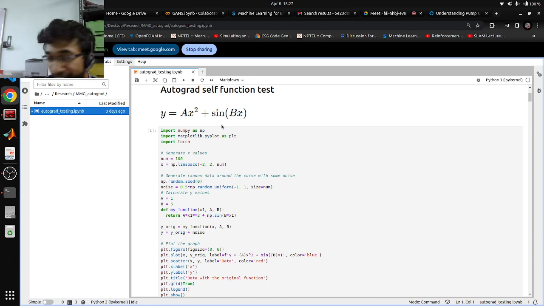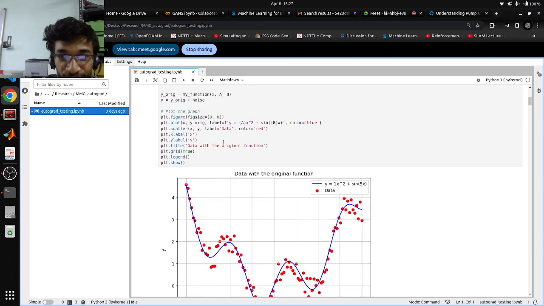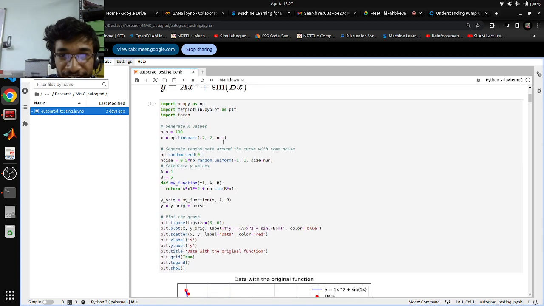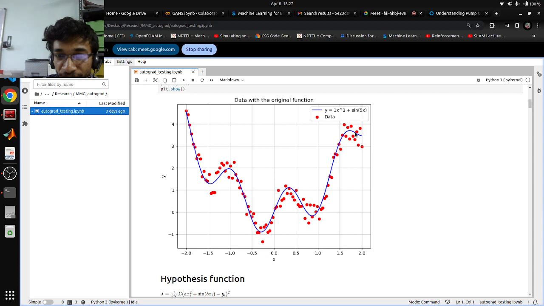depending on the. In fact, I will show you the graph of what this function really looks like. So this blue curve, for a equal to 1 and b equal to 5, is what the real function looks like.